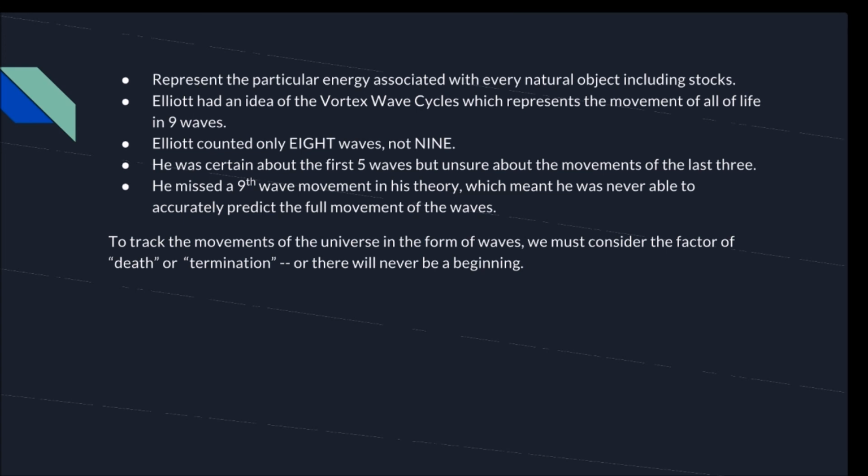He missed the 9-wave movement in his theory, which meant he was never able to accurately predict the full movement of the waves. To track the movements of the universe in the form of waves, we must consider the factor of death or termination, or there will never be a beginning.